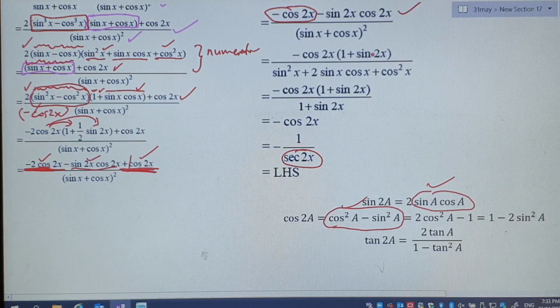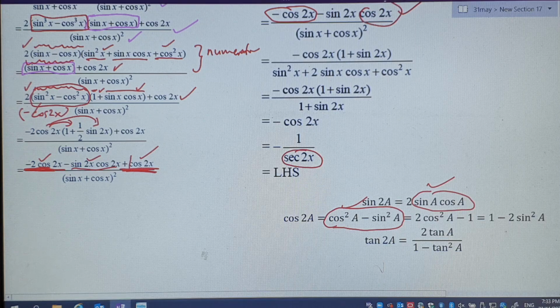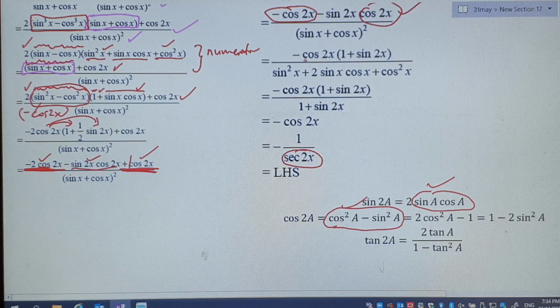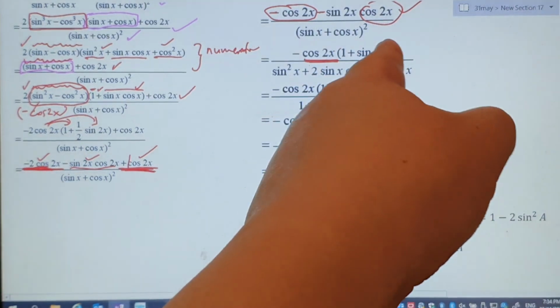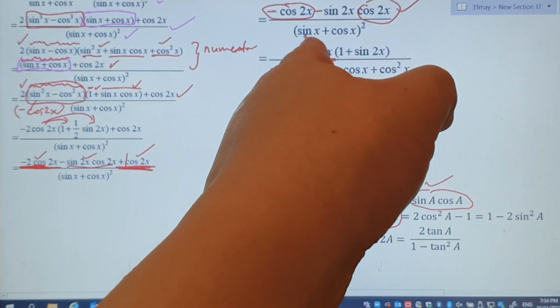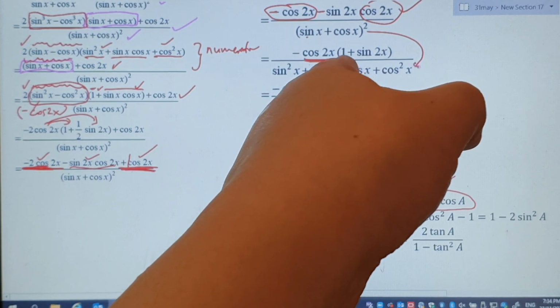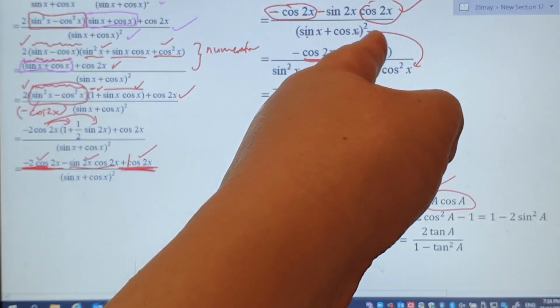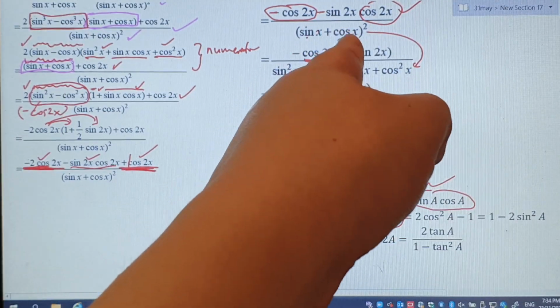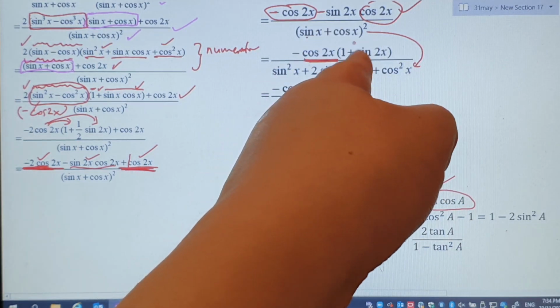Now, what do you do after this? Can you see that we have a common factor here, cos 2x? I take it out. In fact, I take out minus cos 2x. I take out a minus. So this will be 1 plus sine 2x. And now the denominator, I can use a plus b square. So I square this times 2.